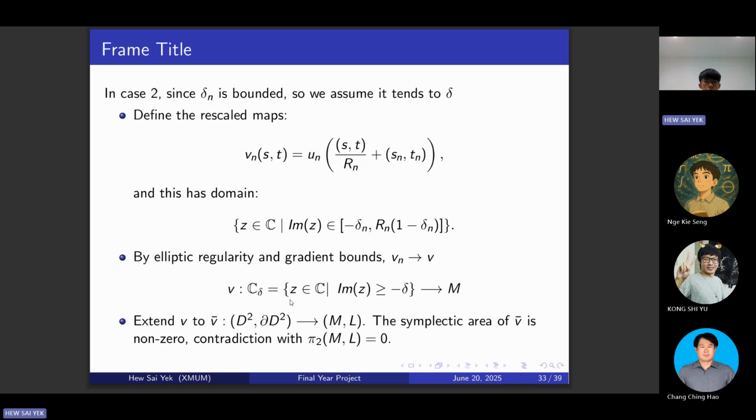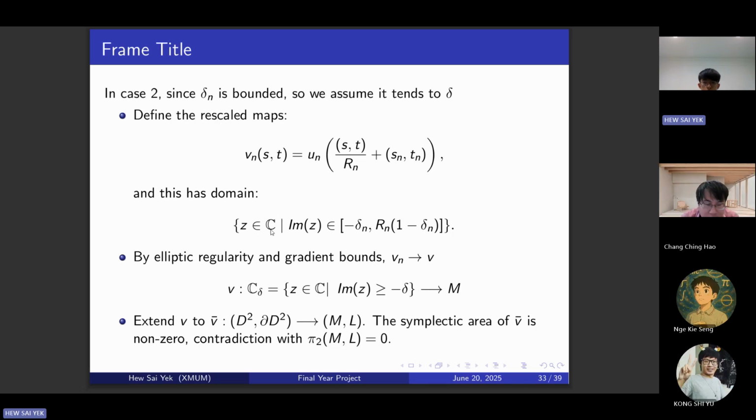In case 2, since delta M is bounded, we assume it converges to some delta, generally 0. And similarly, we define the rescaled map, but its domain is changed. Since every V_n cannot escape the domain of U_n, the image must lie in the interval.